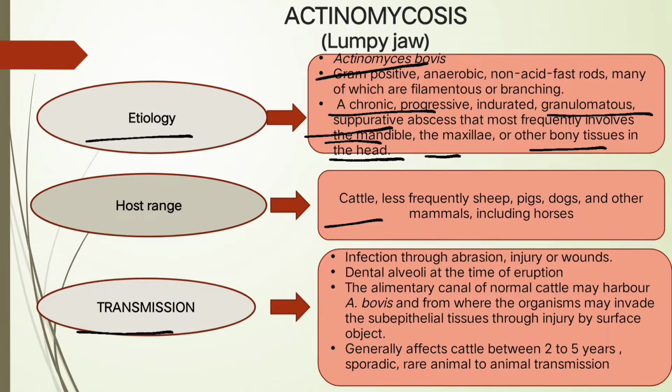Sometimes during the eruption of the dental alveoli, there is also a chance of entry into the body. The main point is that these organisms are normally present in the alimentary canal, where they may invade the subepithelial tissues through injury by surface objects. It generally affects cattle between 2 to 5 years. It is sporadic, and animal to animal transmission is rarely noticed.